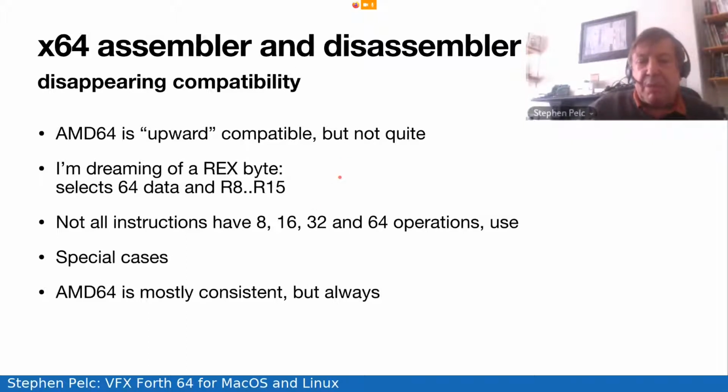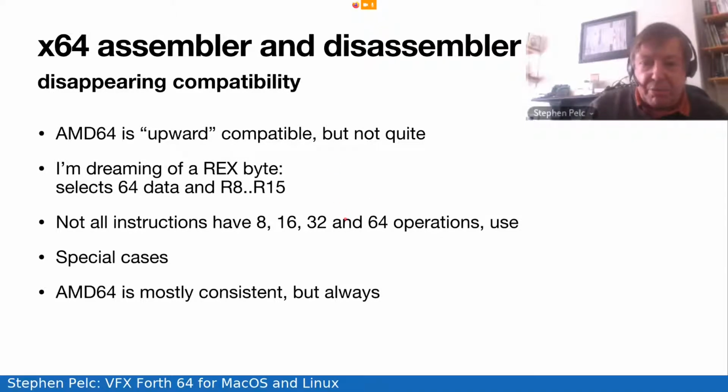Basically, the Rex byte has one bit set if you're using 64-bit data, and then another 3 bits that determine the upper bit of the register selection, so that enables you to use R8 to R15, because we now have 16 registers rather than 8.